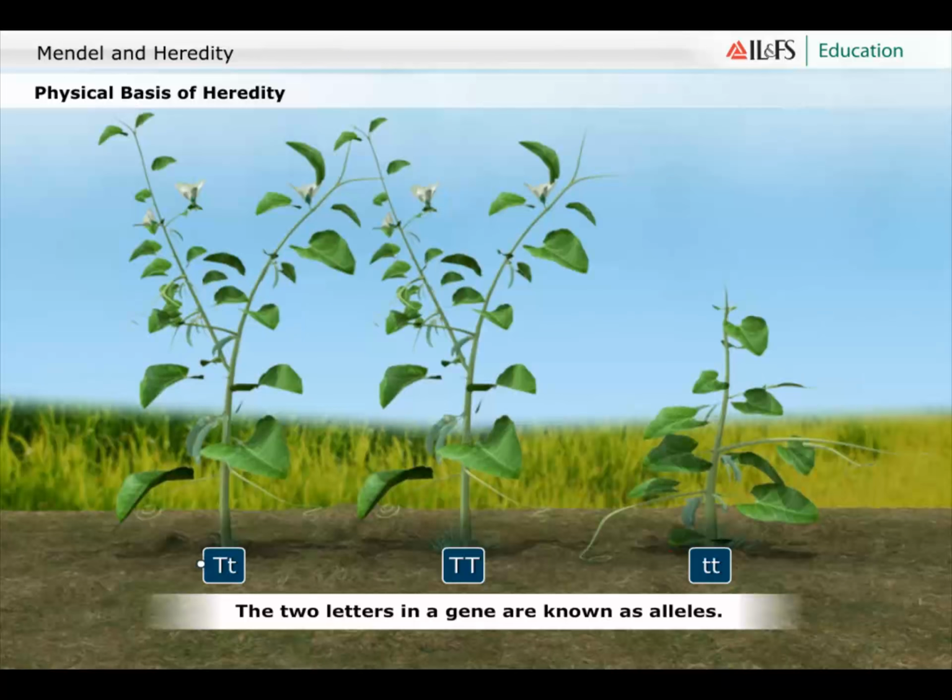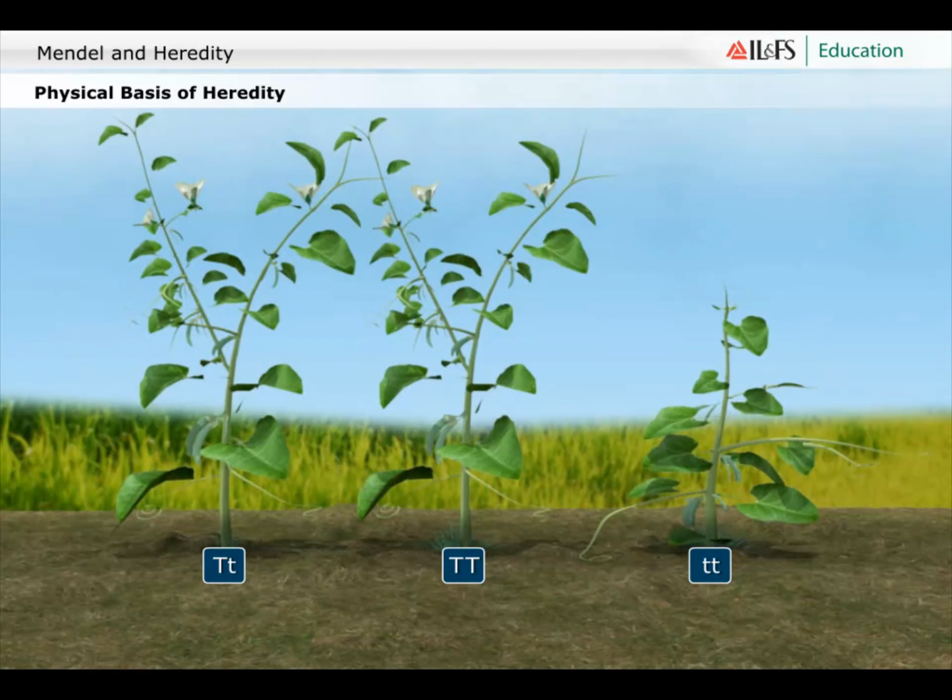Sometimes a tall plant can have a gene with alternative forms of alleles, and we can represent it as capital T and small t. If both the alleles in a gene are the same, like capital TT or small tt, then this gene is said to be in a homozygous state.